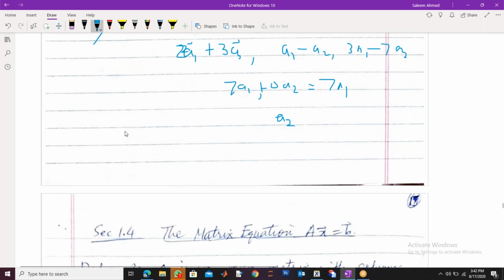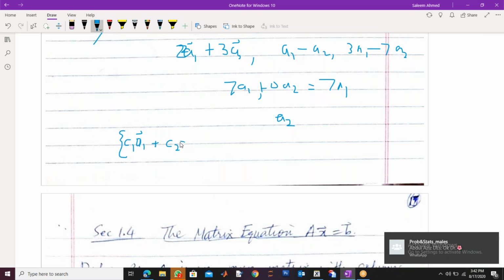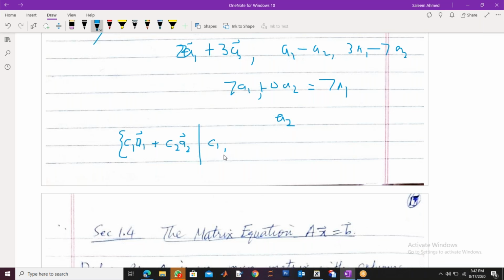So if I write all the linear combinations of A1 and A2, we are writing different C1 and C2 from the real numbers. So what will we call this set? This is the set of all linear combinations of A1 and A2.